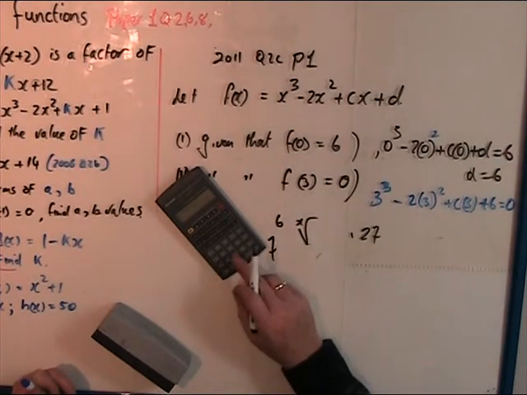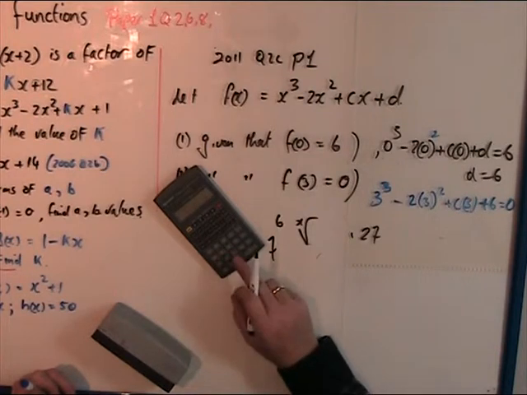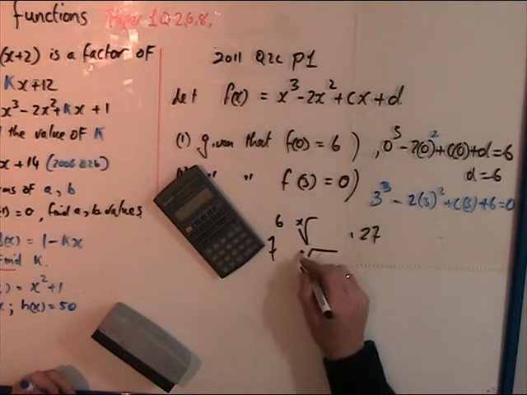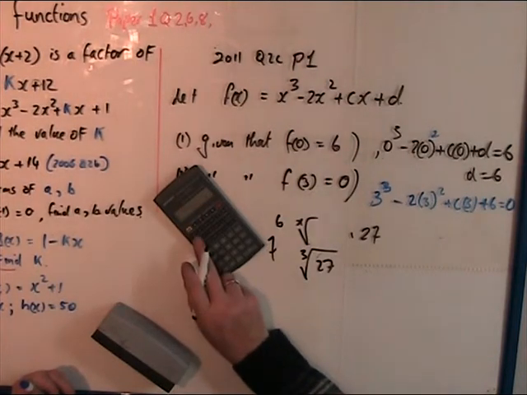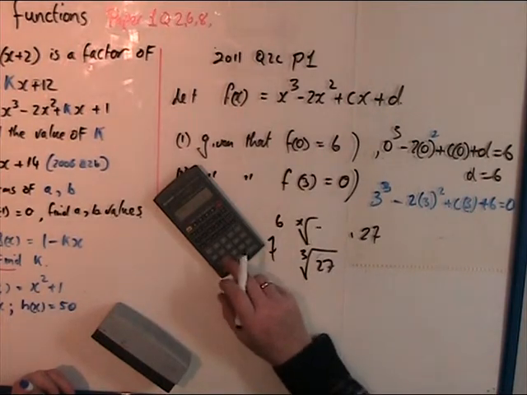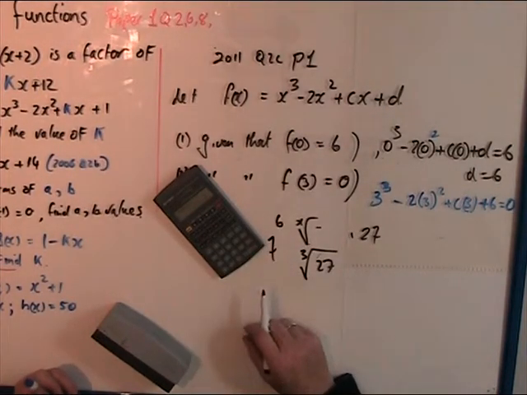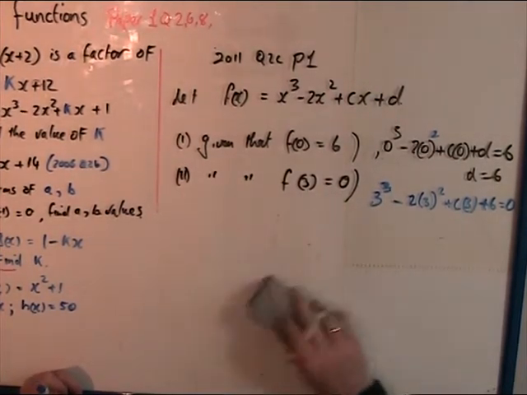So I'm doing the cube root of 27: 3, second function, I'm using the yx function, so bring me on top to use this function, and it's 27 equals 3. So that's how you use indices for working with big sums.